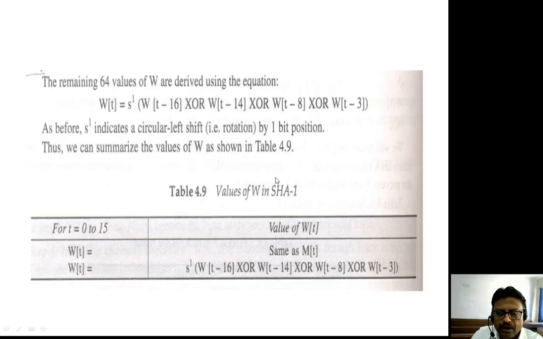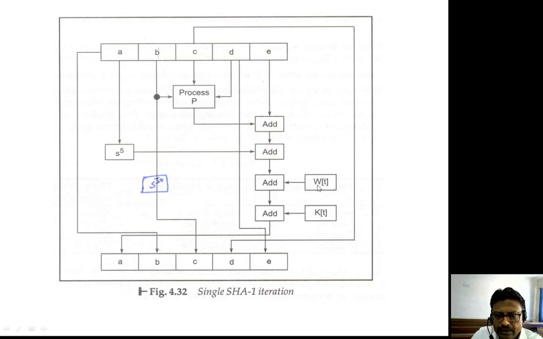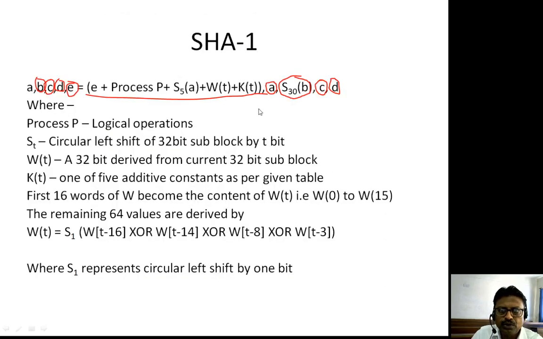Then add WT. Then add KT. So E plus process P plus S5A plus WT plus KT, and the resultant value in the form of 32 bits will become the new value of A.